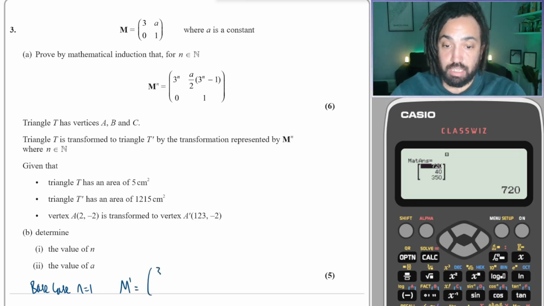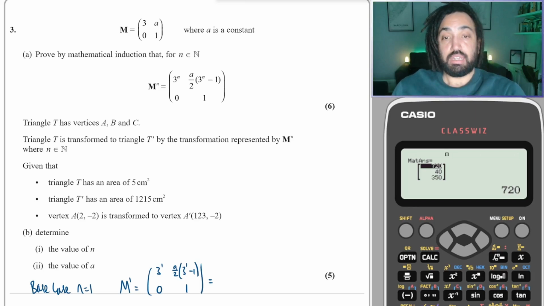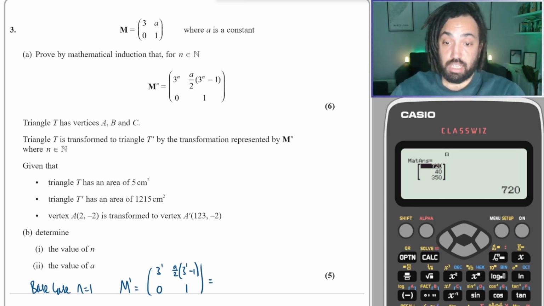So that will be 3 to the 1, over a over 2, 3 to the 1 minus 1, 0 and 1. And this should give us M, basically. So let's see what it does give us.